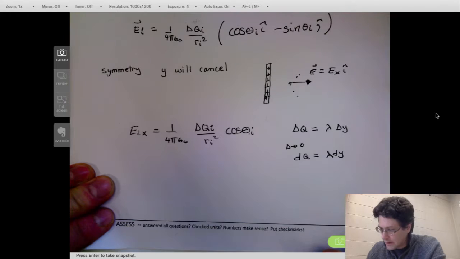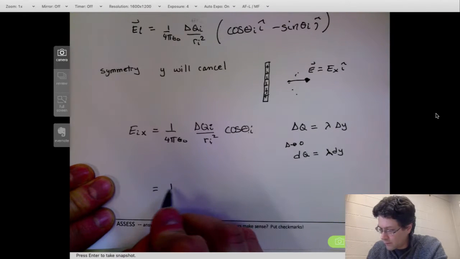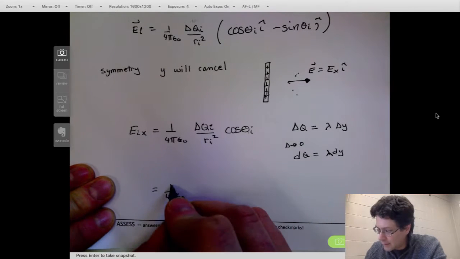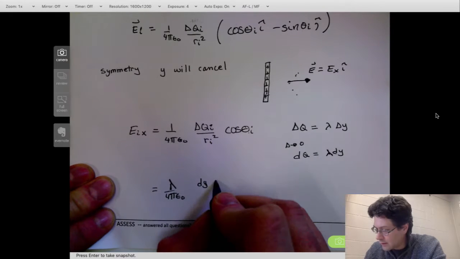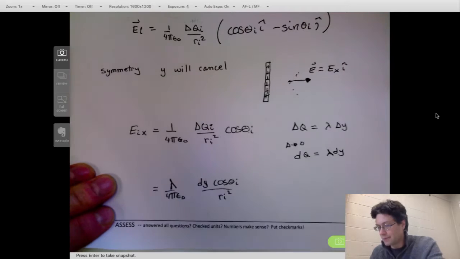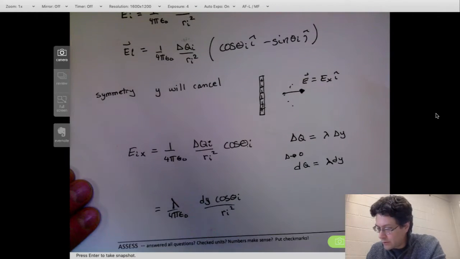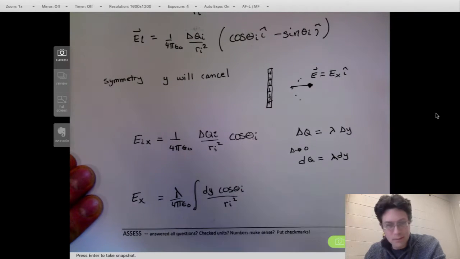Great. So I'll just rewrite that as 1 over 4 pi epsilon naught lambda dy, and then cosine of theta I over Ri squared. Great. That's EI. And then if I want to find the full E field, I'm going to just integrate this.